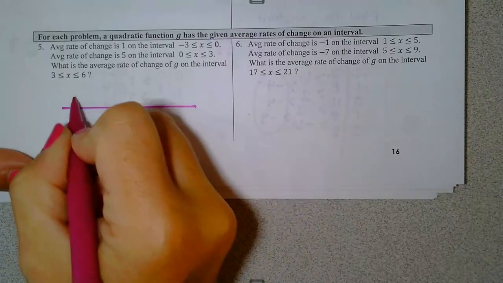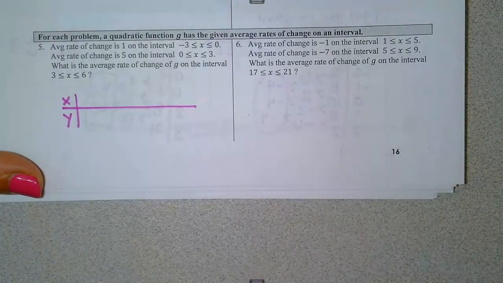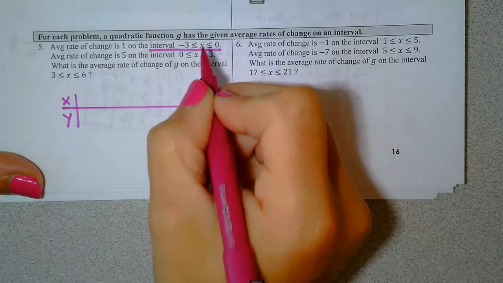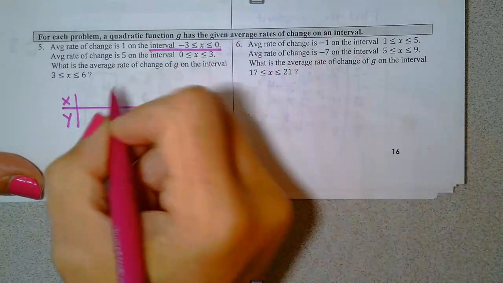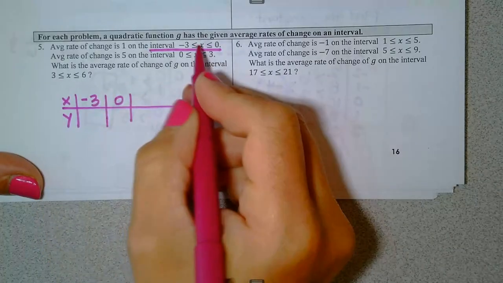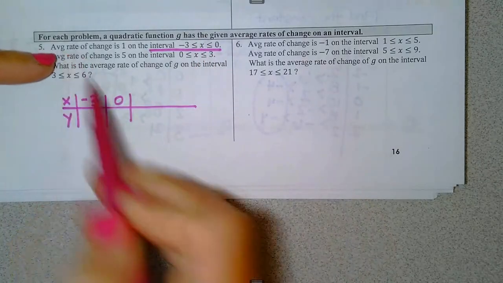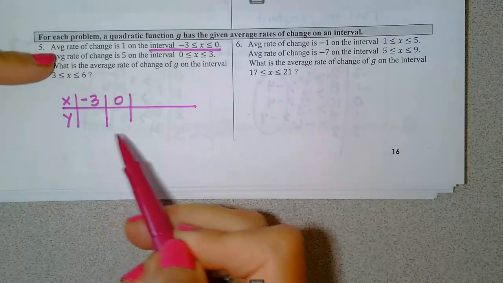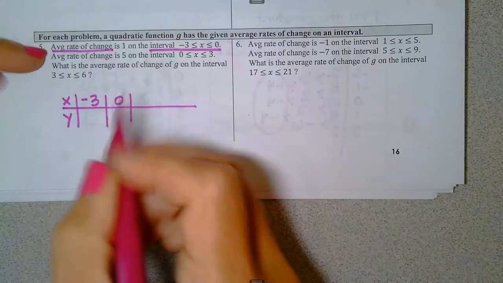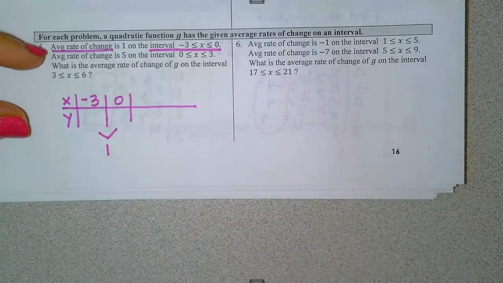If you made a table, they're telling me this is the interval, so what does that tell you? Intervals are your x values, right? So you have a -3 and a 0 for this interval. They didn't give me any numbers or equations, do they? They're just saying the average rate of change is 1. I did that just because that's how I see it, okay?